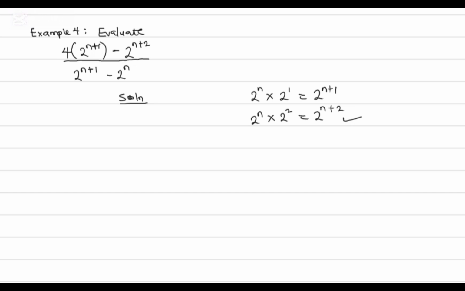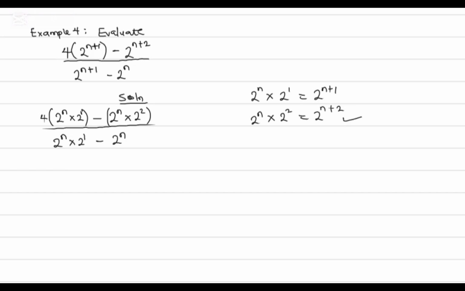So the numerator can be written as 4 into bracket 2 raised to the power n multiplied by 2 raised to the power 1, but that is 2 actually, minus 2 raised to the power n multiplied by 2 raised to the power 2, all over 2 raised to the power n times 2 raised to the power 1 minus just 2 raised to the power n.